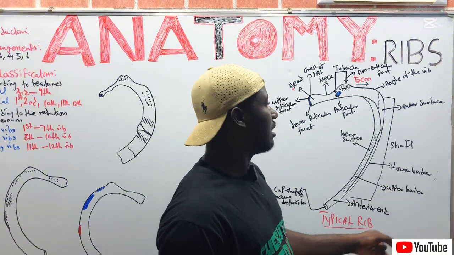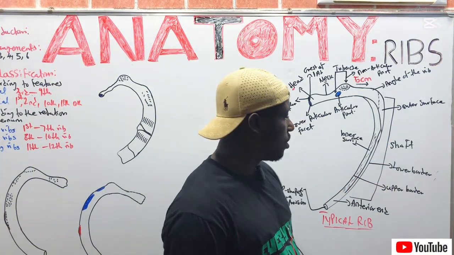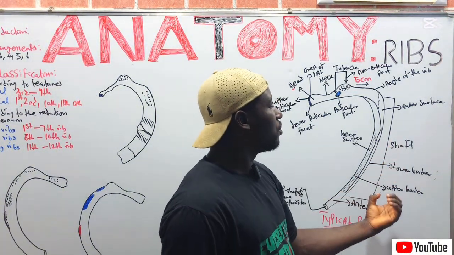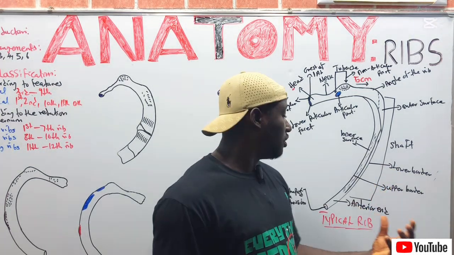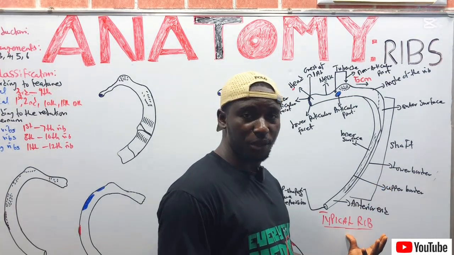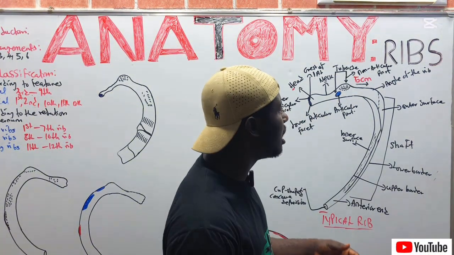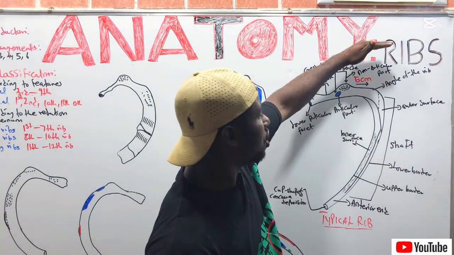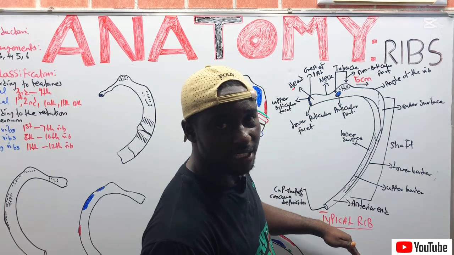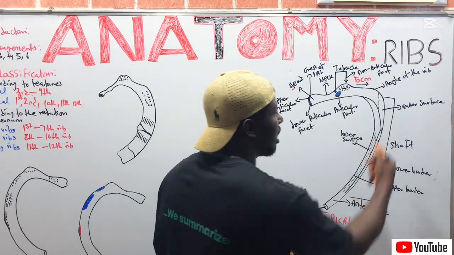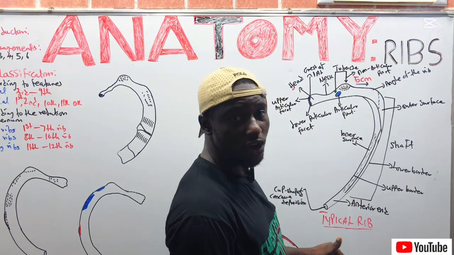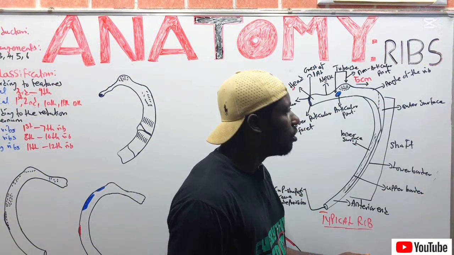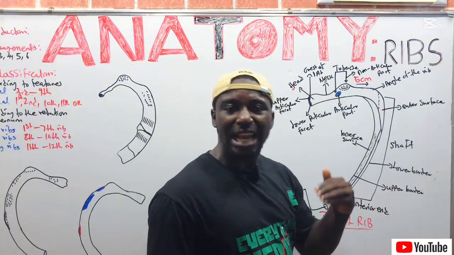Let's quickly look at the shaft. We have said that the shaft is the longest portion of this rib, extending between the posterior end and the anterior end. Now, the shaft is flattened.